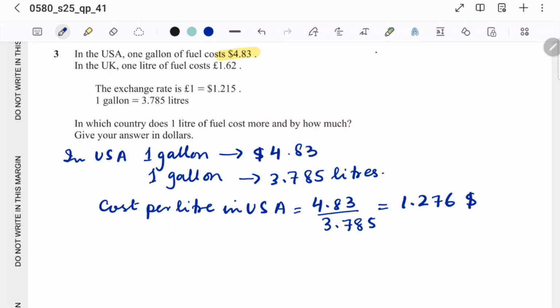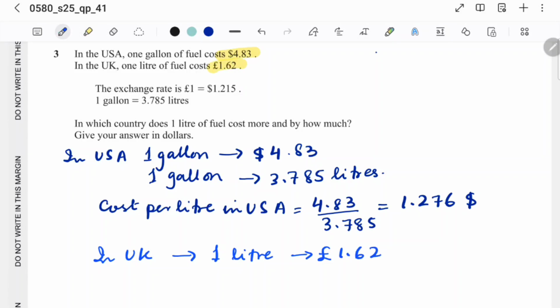Obviously you can write it as $1.28 as well. Now we are going to find out the cost per liter in the UK, and then we compare and find the difference. In the UK we know that 1 liter is 1.62 pounds, which is given in the question.